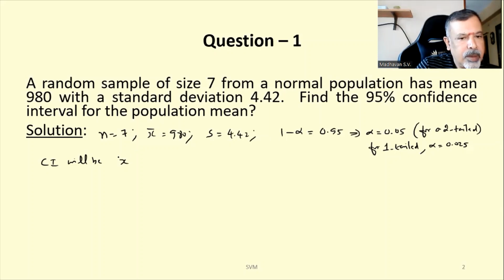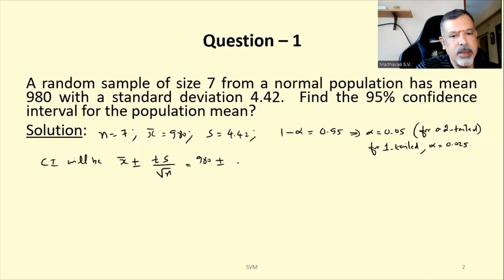Now the confidence interval will be x bar plus or minus t times S divided by square root of n. Here x bar is 980 plus or minus the t value. N minus 1 is the degrees of freedom, which is 7 minus 1, so you get 6 degrees of freedom.